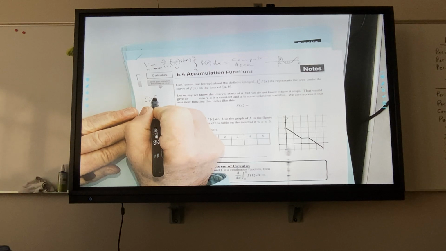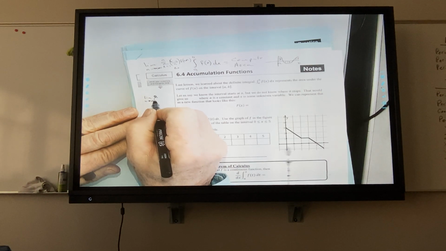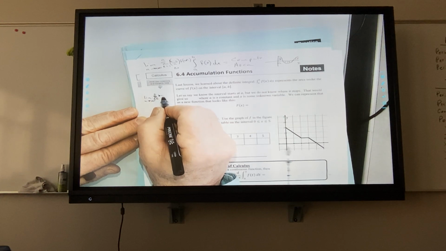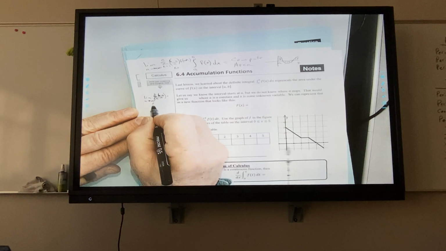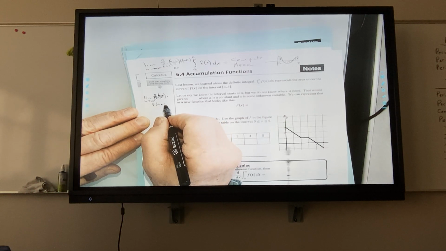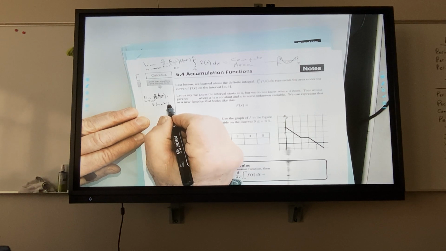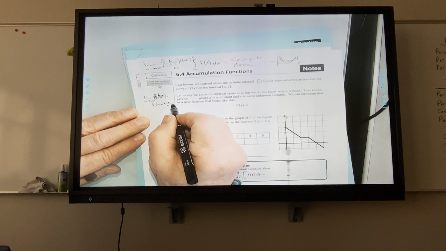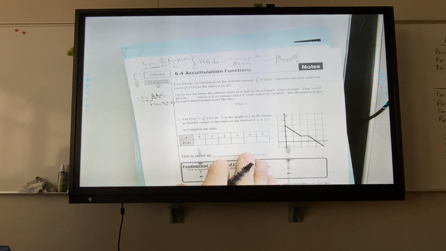I'm adding up k equals 1 to n, b minus a over n, times, and down here I'll write it f, starting at a, and we're moving over b minus a over n times k. All right.